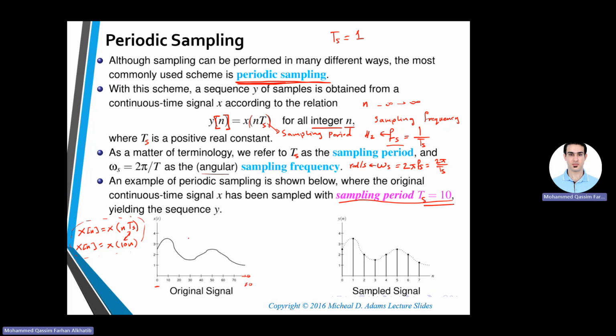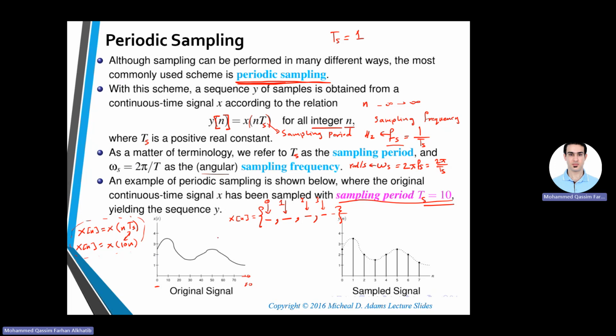To get a sequence x of n, it will be just a set of discrete values: the first value, second value, third value, fourth value, and so on. The first position is index number 0, the second position is index number 1, then 2, and so on. We start from index 0.